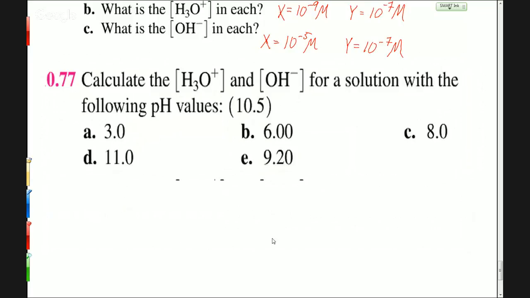This is correct. Okay, how can I check my log? If you take the negative log of this number, it should be 3. Check it: the negative log of what you wrote.